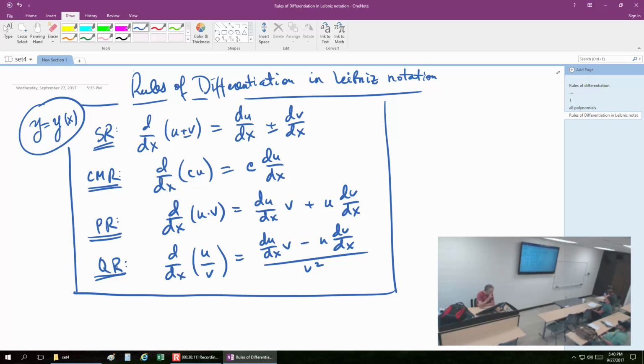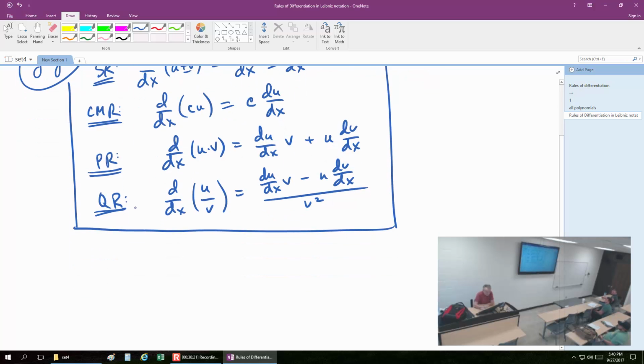Okay, so the story doesn't end here. One thing we did last time is that you can continue differentiating a function. If you remember, sine x, if you differentiate, you get cosine x. If you differentiate one more time, you have negative sine x.